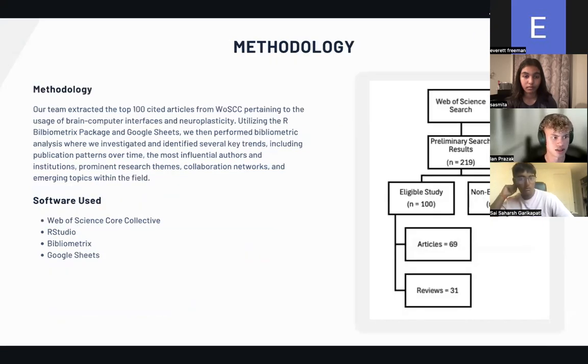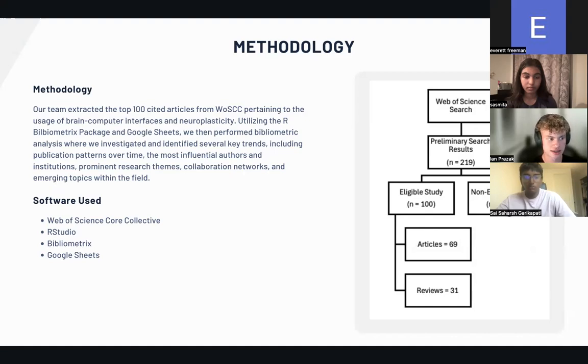And here's our methodology. A team consisting of several members decided to extract the top 100 cited articles from the Web of Science that particularly pertained to the use of BCIs and neuroplasticity, and we used the bibliometrix package from R and Google Sheets to perform bibliometric analysis in which we investigated and identified several key trends.